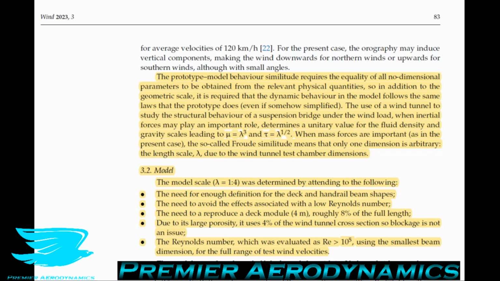They're different amounts. So you cannot get similitude between these two values. In this particular case, you need to then look at which value is more important for your study. So for an example, in this particular case, you could say, okay, the mass ratio affects the damping, for example. So does the time scale ratio.